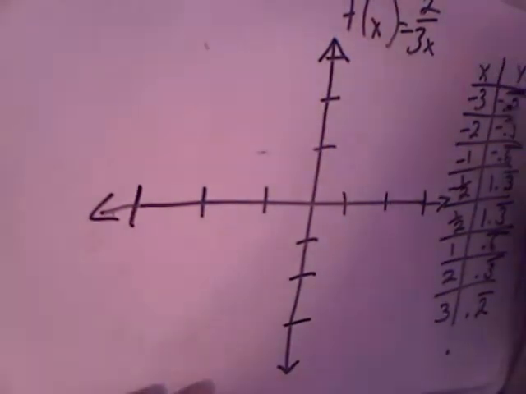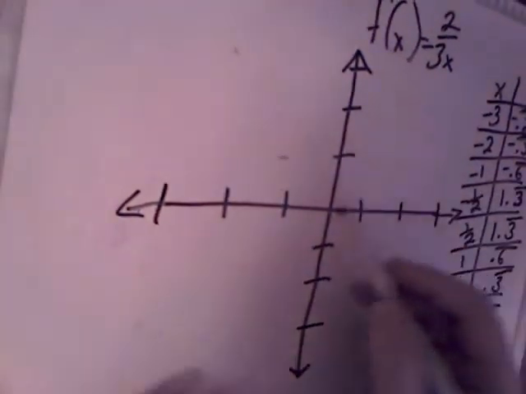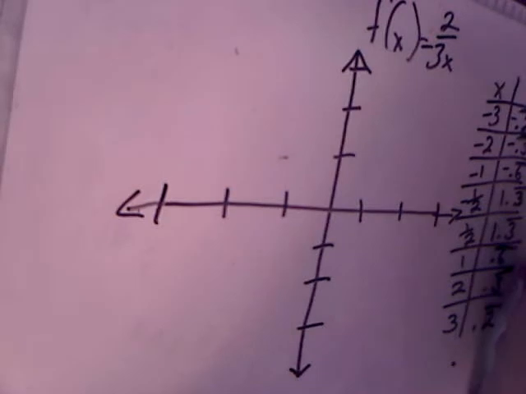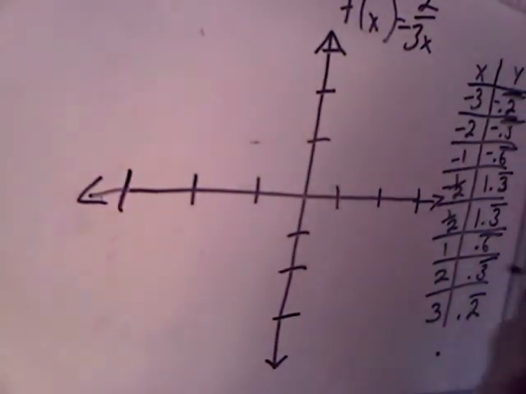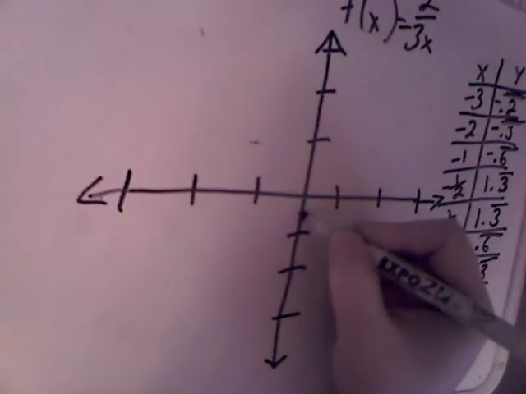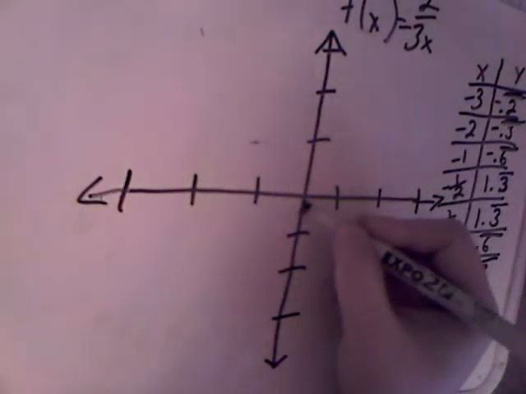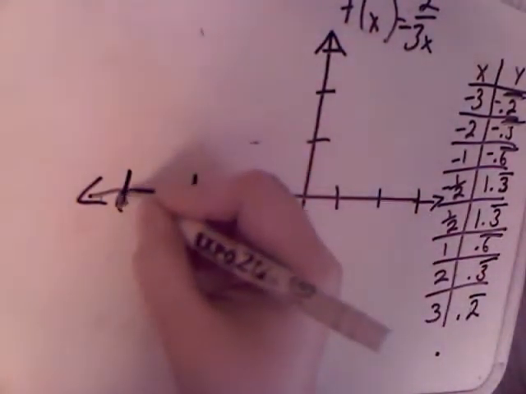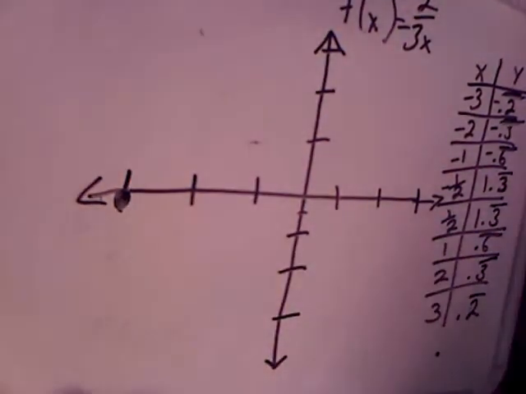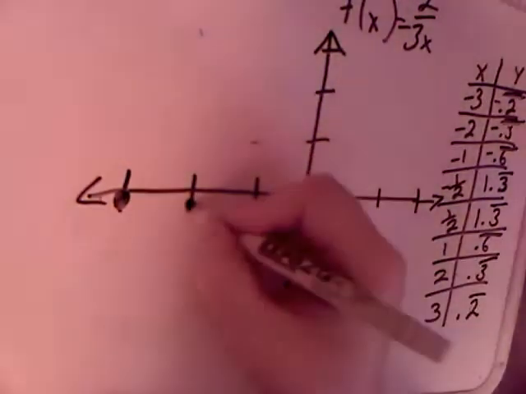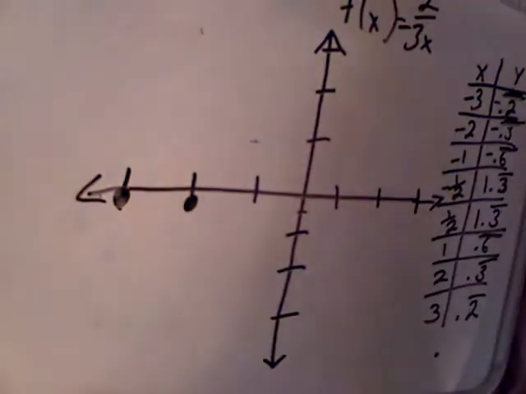My first number is -3, so I'm going to run -3, and I'm going to fall -0.2 repeating, which can be a little bit challenging to think of. 0.5 would be here, so -0.2 would be somewhere very, very close to that -3 point. I have -2, which is here, and then -0.3, which is going to be just a touch down from the other point.